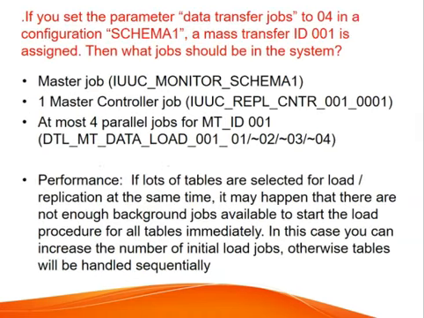If you set the parameter data transfer jobs to 04 in a configuration schema 1, a mass transfer ID 001 is assigned. Then what jobs should be in the system? Answer. Master job IUUC_MONITOR_schema 1, 1 master controller job IUUC_REPL_CNTR_001_0001.